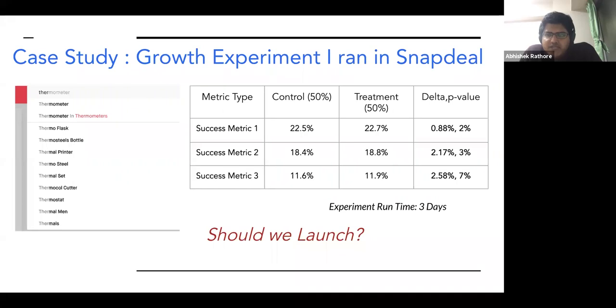So any p-value less than 5% indicates that this change is statistically significant. That means we have detected a surprising change, and that proves that the delta impact has been caused due to the change that we made in autocomplete. So should we launch at this point of time?